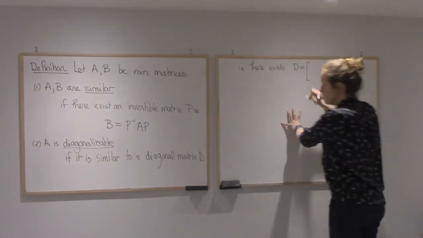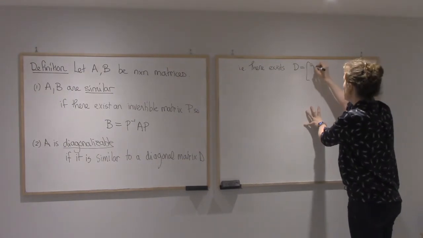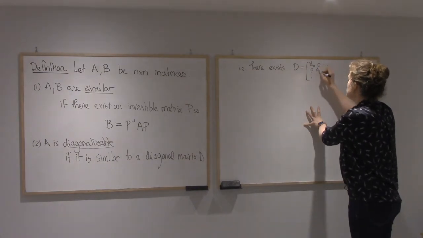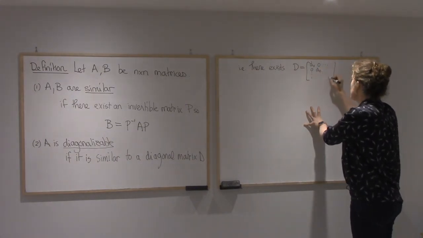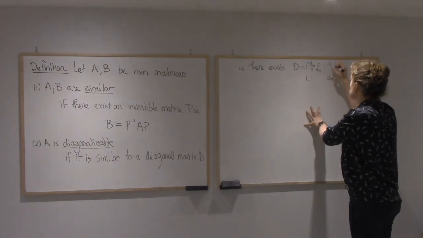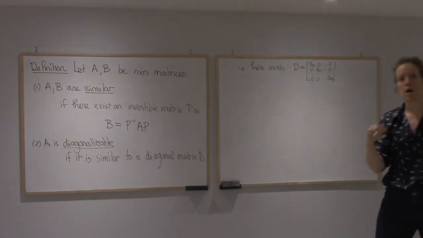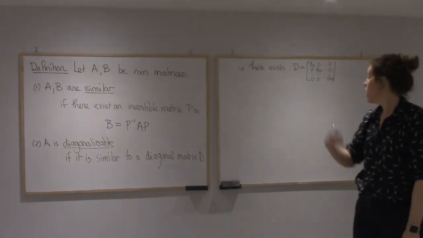D is diagonal, so that means I have D11 and then zeros, I have D22 and then zeros, and so on down to Dnn. So the only non-zero entries of D are on the diagonal.